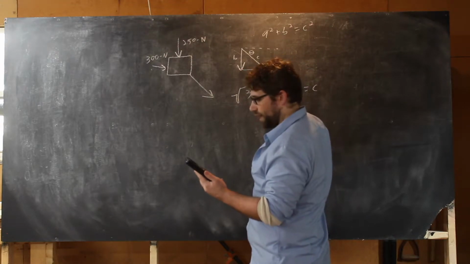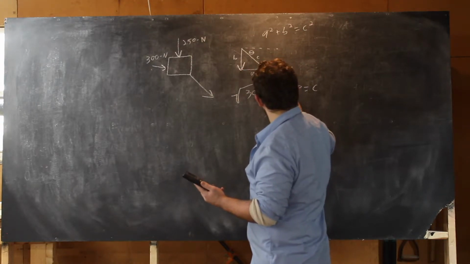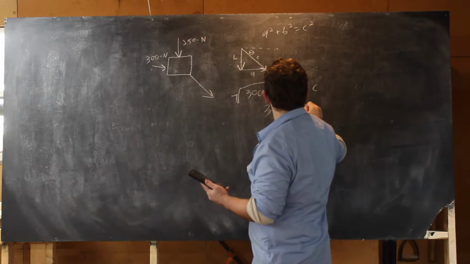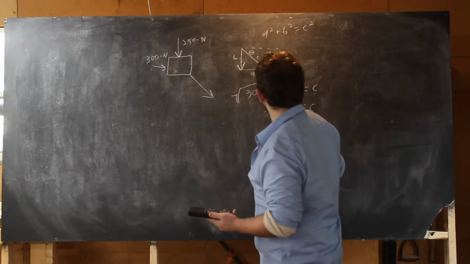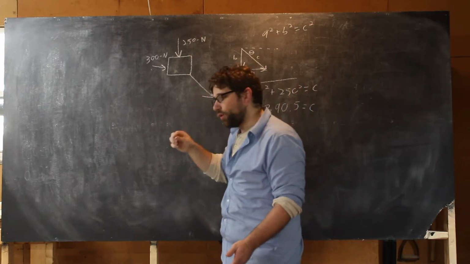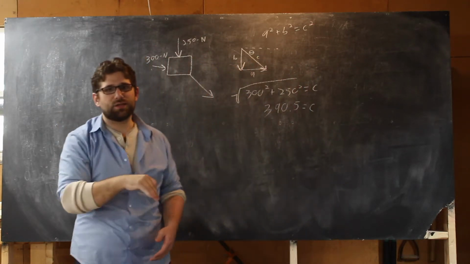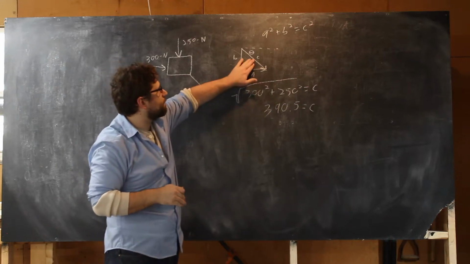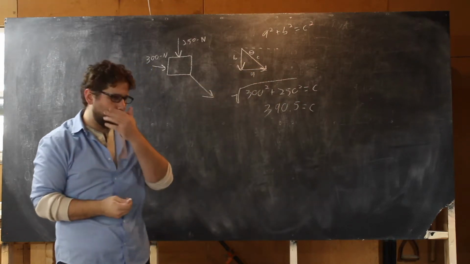Then if I square root that, I end up with 390.5 is my C. Notice that's greater than both of these because the force components combined result in a vector of a greater magnitude, because this would be the hypotenuse, the longest side of that triangle.